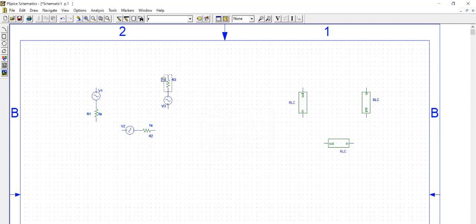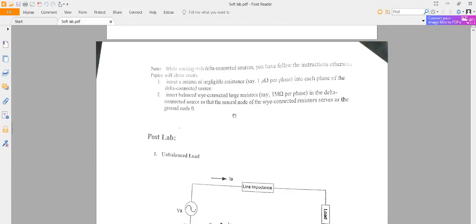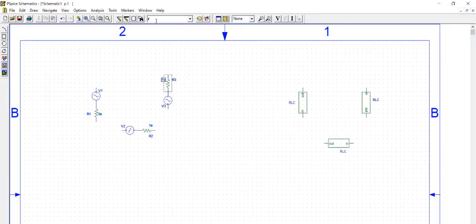Now our line impedance is again 1 plus J20. So I'll do it manually. You have to create a sub circuit for this in your lab test, so lab report. So take resistance and impedance.